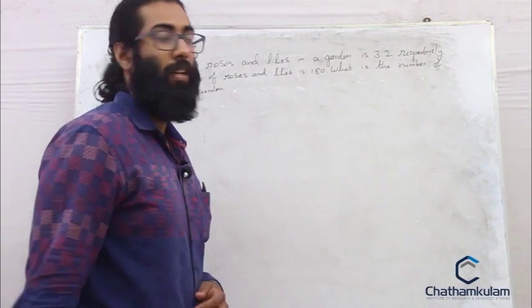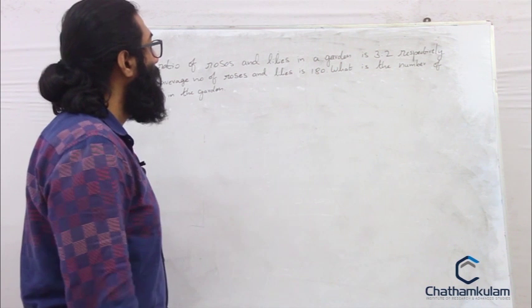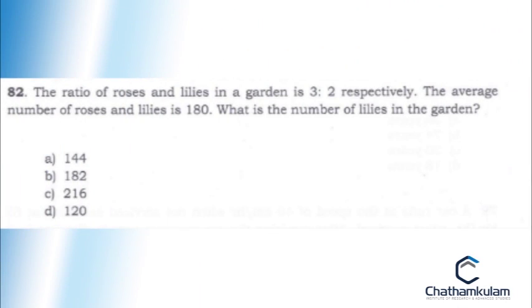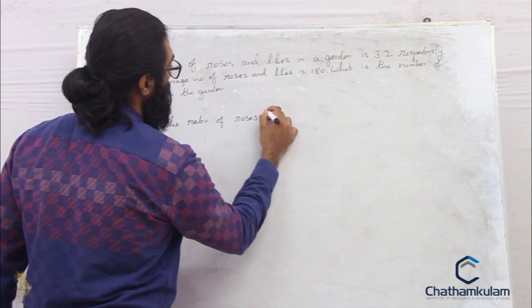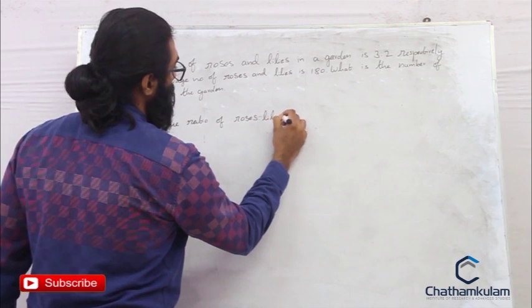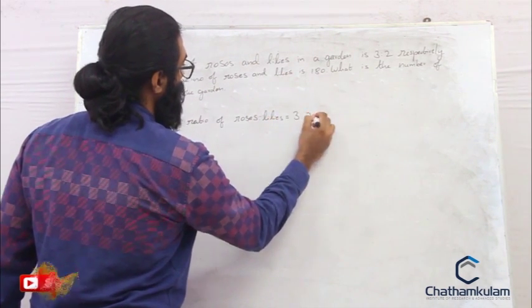So let's see the next question. The ratio of roses and lilies in a garden is 3:2 respectively. The average number of roses and lilies is 180. What is the number of lilies in the garden? Right. So first we will just write down what is given in the question. The ratio of roses to lilies is given as 3:2.